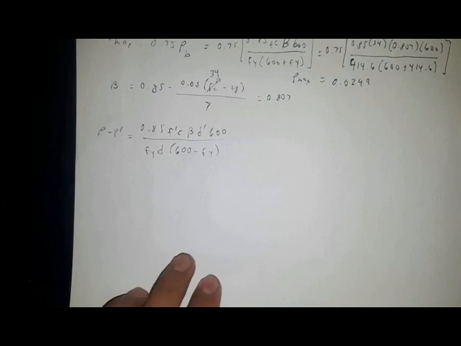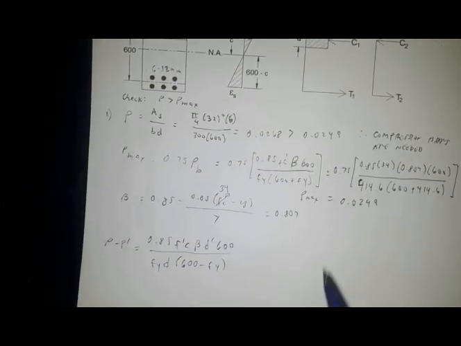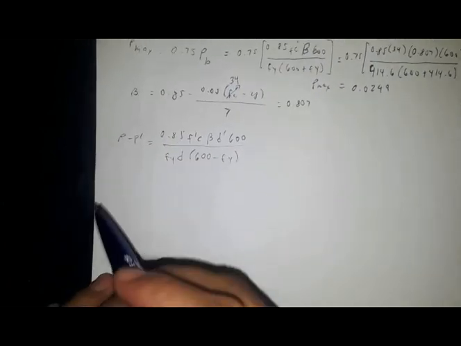So, meron na tayong rho kanina. So, yung rho natin is ito 0.0268. Nakuha natin yung rho prime.